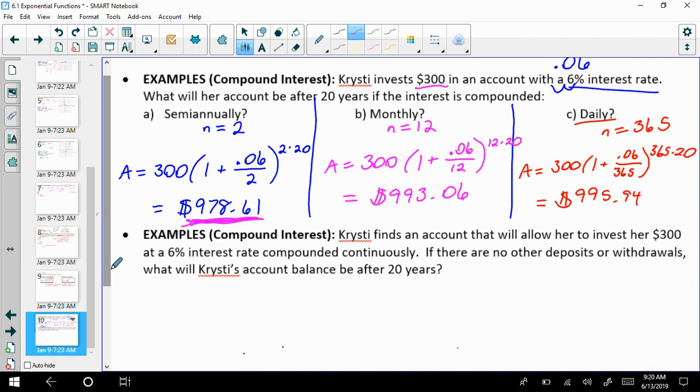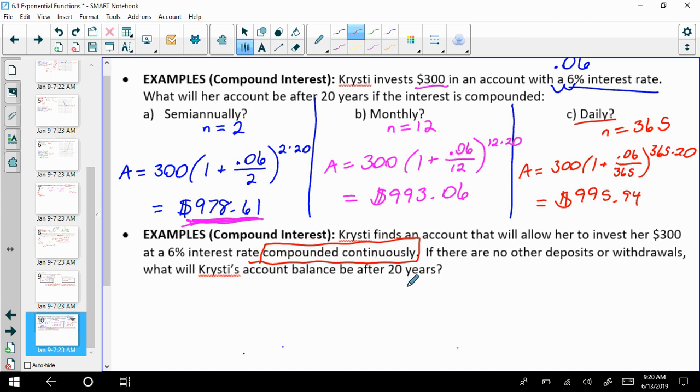And the last example, same setup, so we're still putting $300 in, still have a 6% interest rate, but here's the kicker. Compounded continuously, so we're going to constantly build on it. If there are no other deposits or withdrawals, what will be her balance after 20 years?